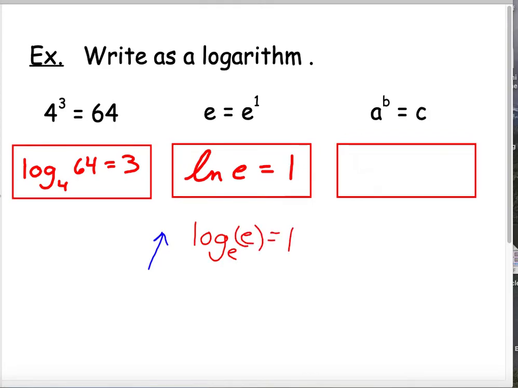And then you change that to just writing ln for log base e because it's the natural log. And how about this one? Well, it's going to be log base what? The base of our log will be here. So it's going to be log base a of this equals our exponent, equals b. All right, so like I say, it takes some practice, but you need to be able to convert back and forth either way, especially when we get on to solving equations.